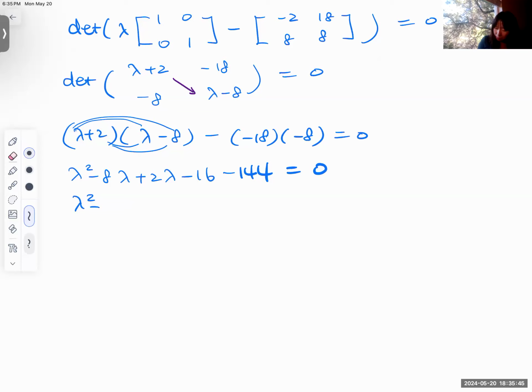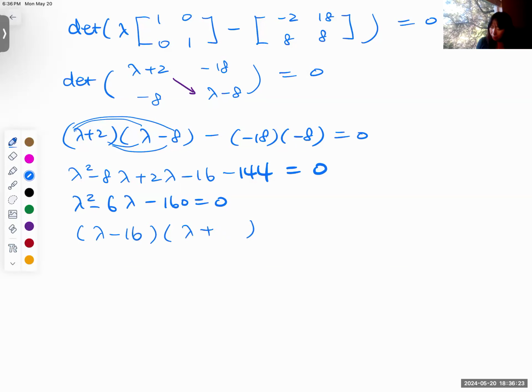Thank you. So we have lambda squared minus 6 lambda minus 160 equal to 0. Okay, then we can factor: lambda minus 16, lambda plus 10 equal to 0, right?